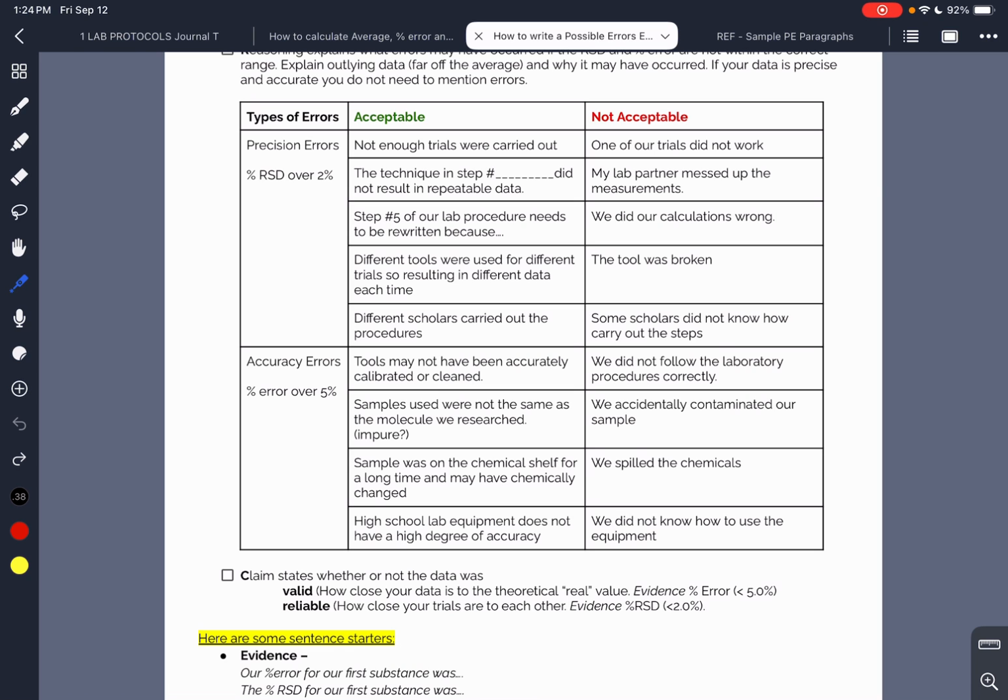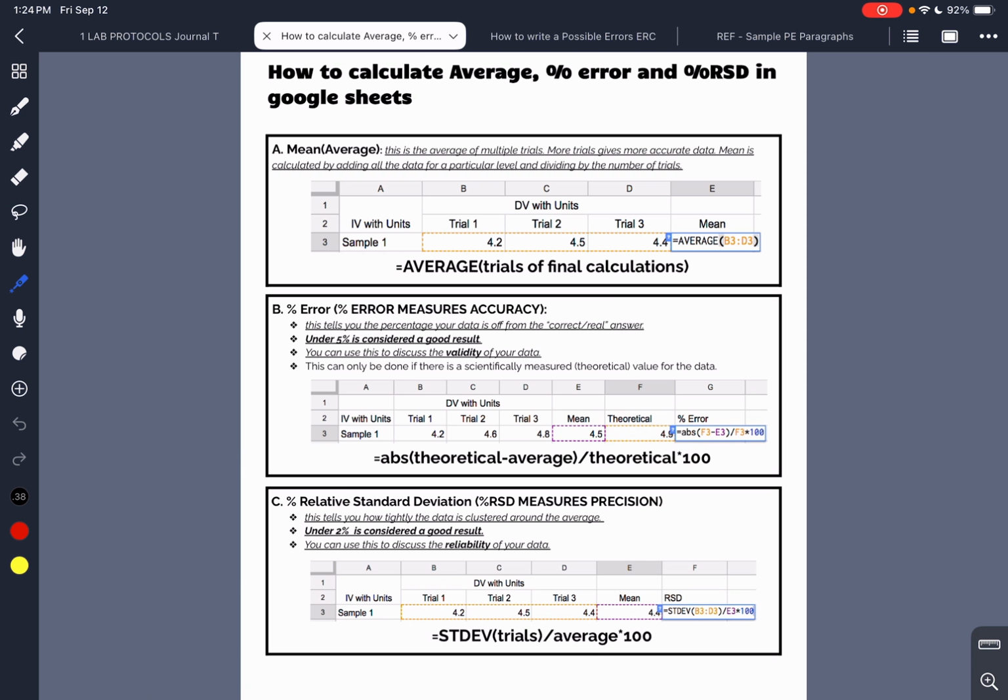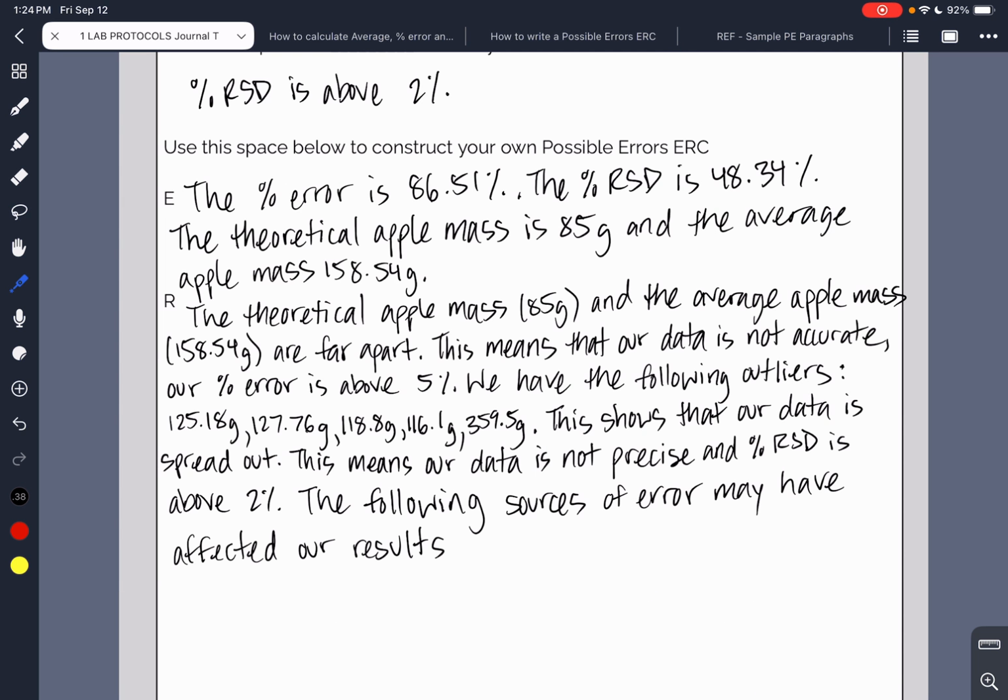So let's start by including some accuracy errors in our possible errors paragraph. For example, the following sources of error may have affected our results.